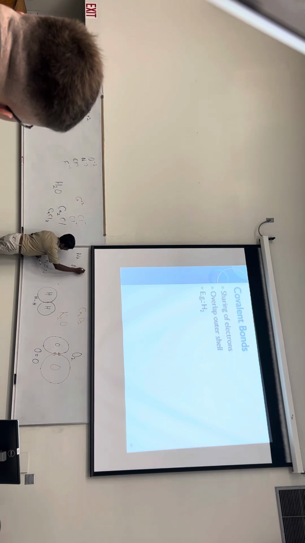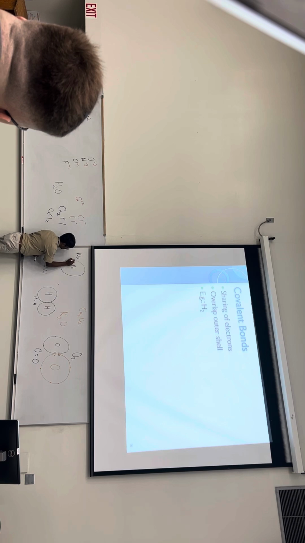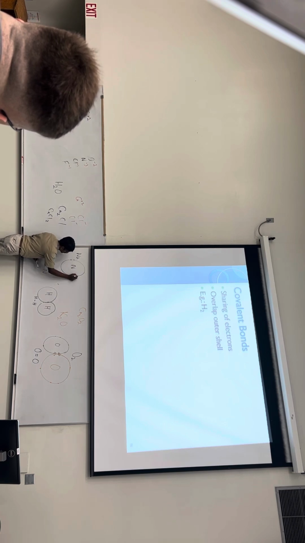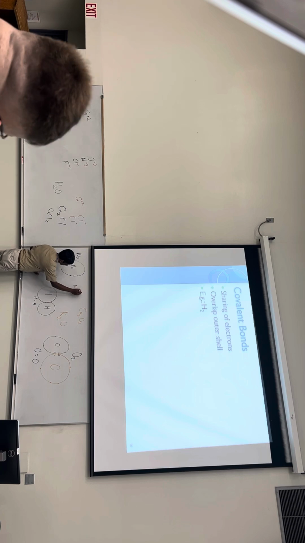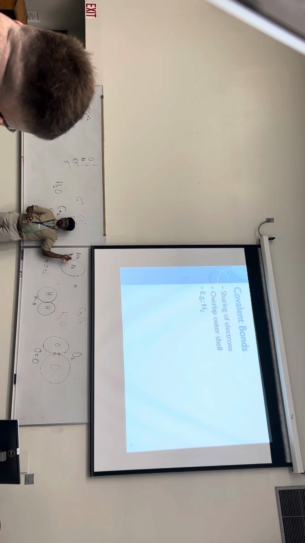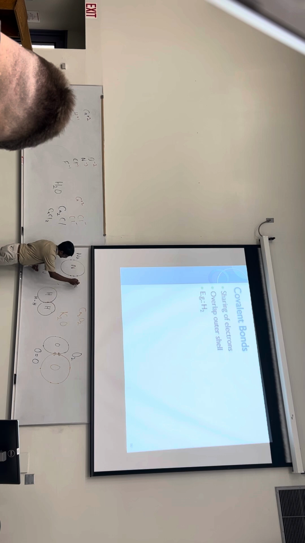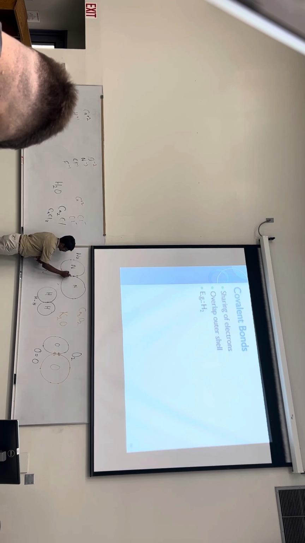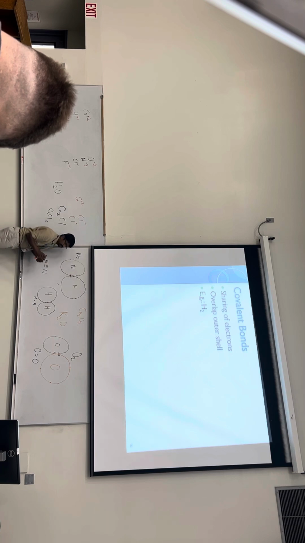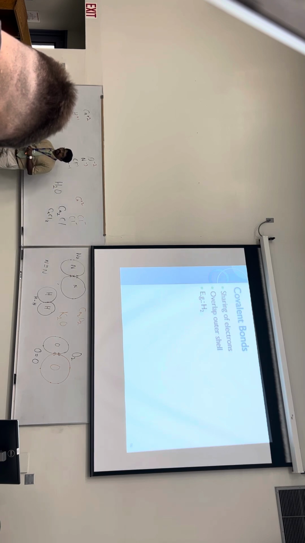Again, I'm only drawing the outermost shell, there is the inner shell, there's the nucleus. We have 5 total outer electrons, valence shell electrons. Three electrons each, 3 pairs.